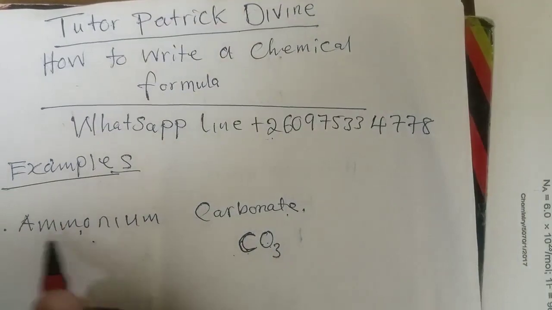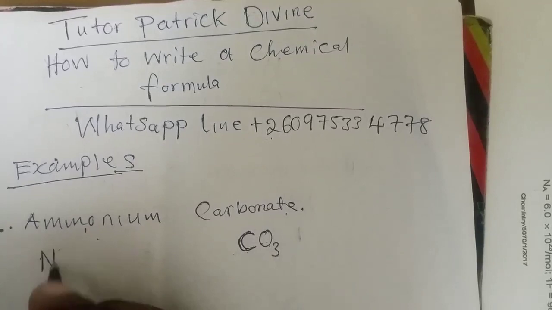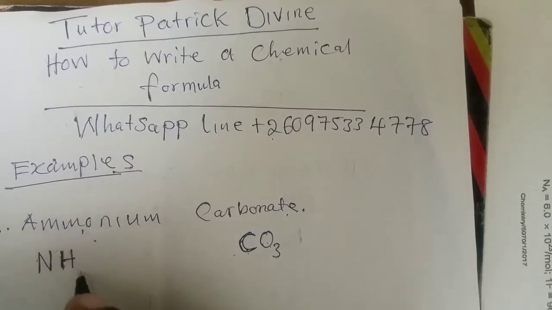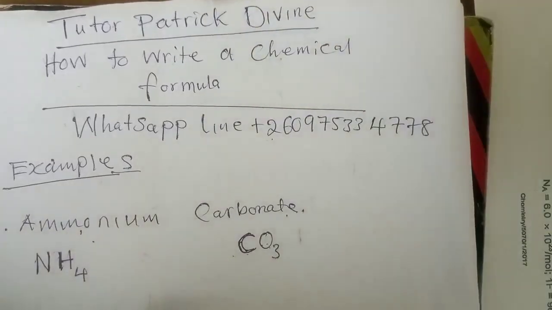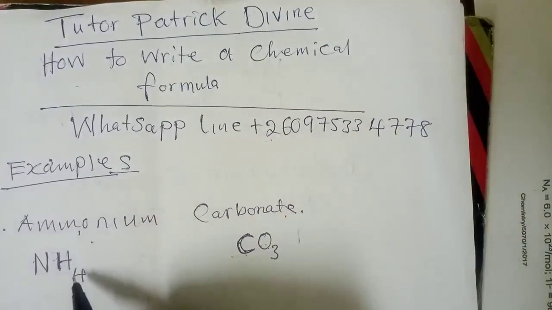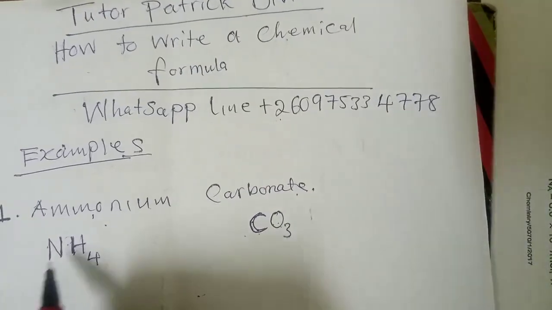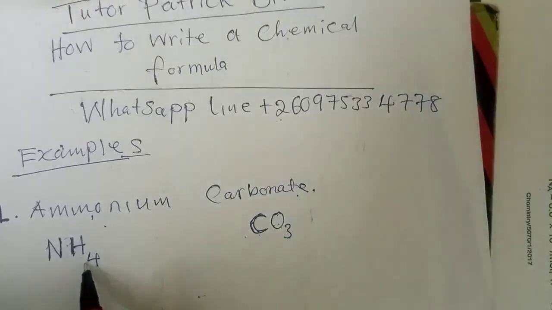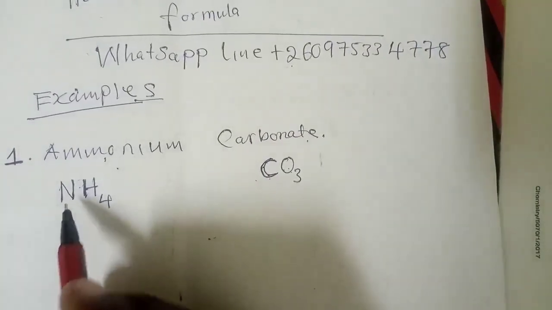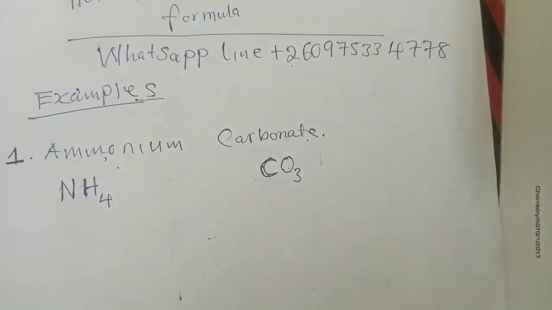Ammonium starts with capital N, then H4, meaning that there are 4 atoms of hydrogen and 1 atom of nitrogen. So you need to know also the number of atoms present in a compound.